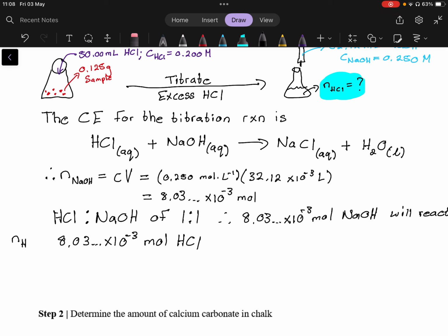You can just say here number of moles of HCl. This is in the titrant, so that's the amount.